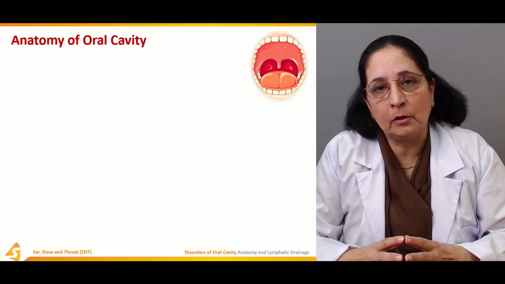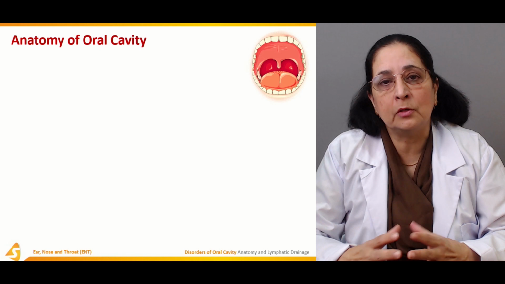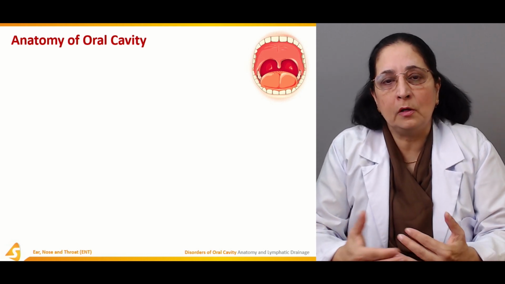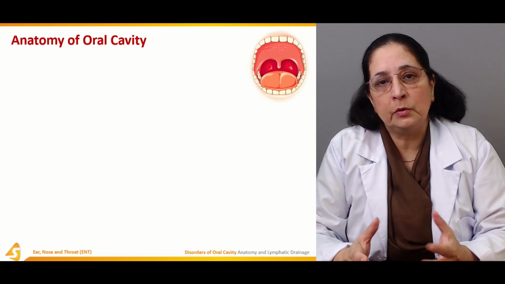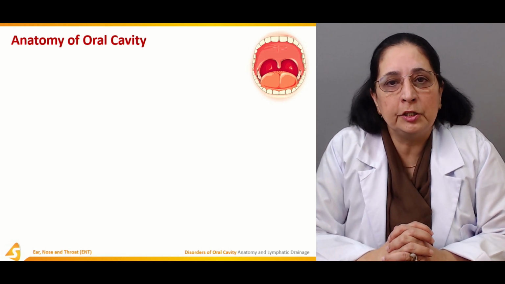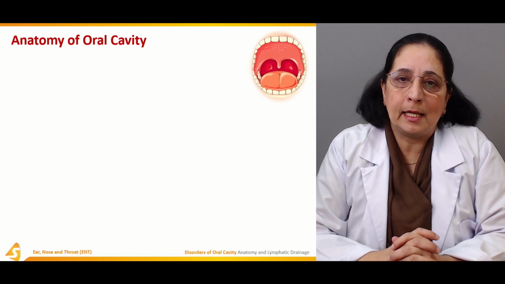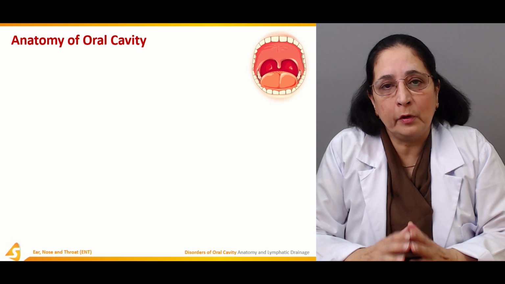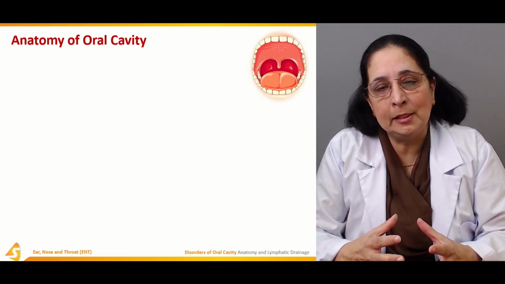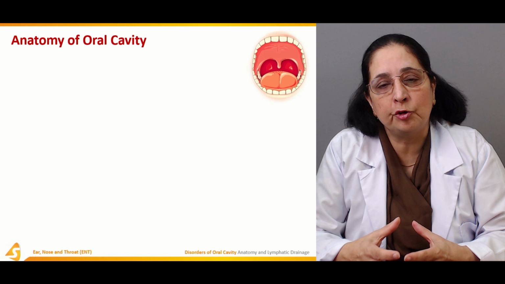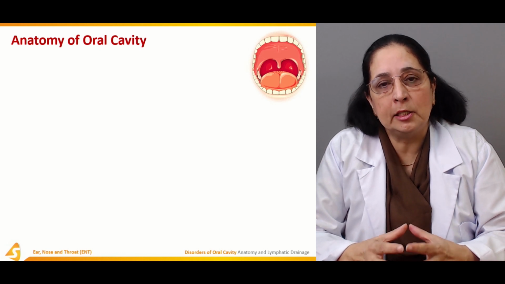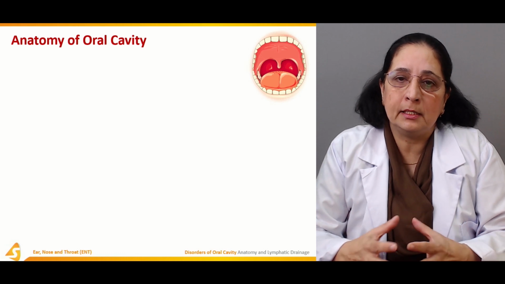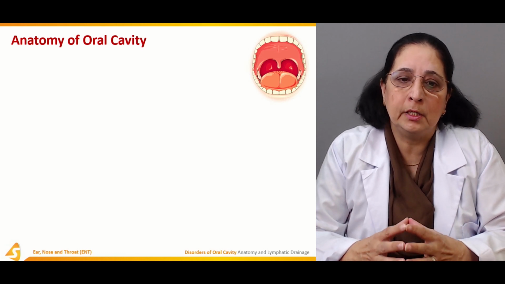Pathology is the study of the abnormality or disease process. Similarly, histo is the tissue, so histology is the study of the tissue, cyto is the cell, cytology is the study of cell. As we keep on going, embryology, embryo is the growth of the baby inside the uterus. So embryology is the study of the growth of the baby. So all these are the different subjects related to medicine.